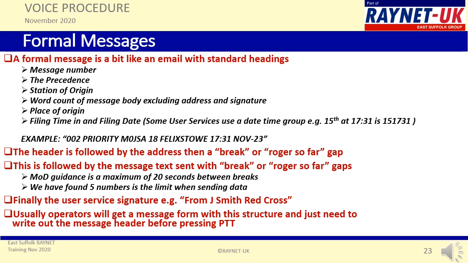The header is followed by the address and then a "break" or a "Roger so far" gap. This is followed by the message text, sent with a "break" or a "Roger so far" after every 20 seconds or 5 numbers if sending data. At the end of the message, you finally send the user service signature.